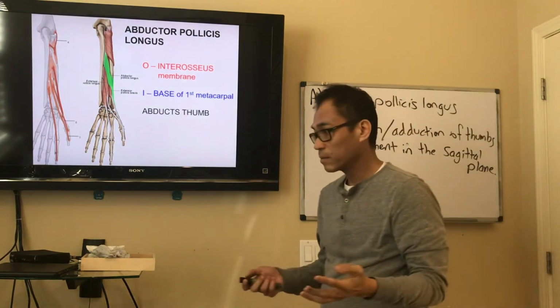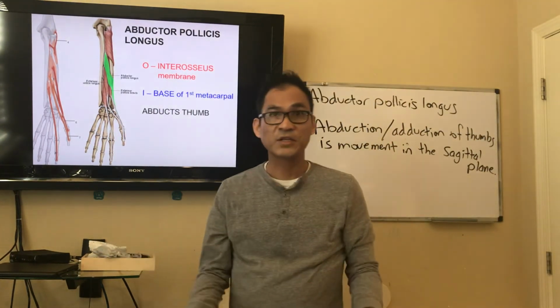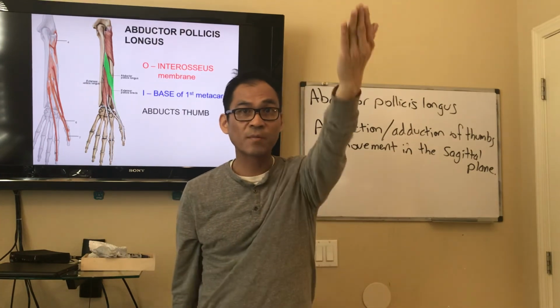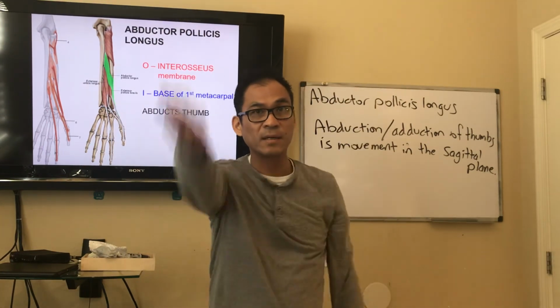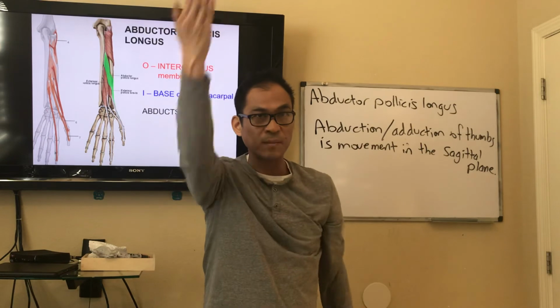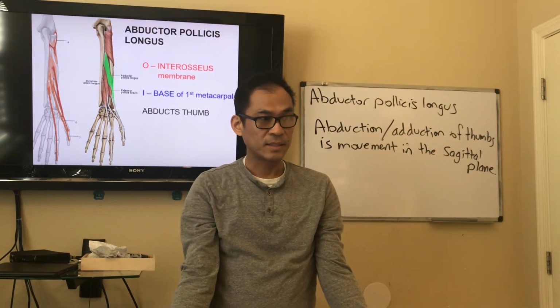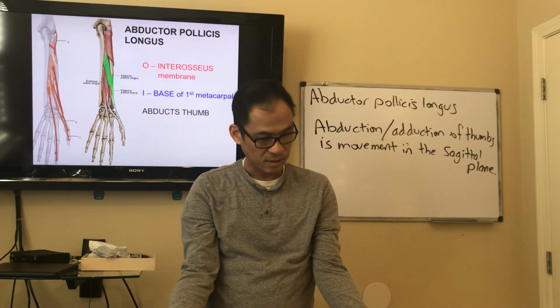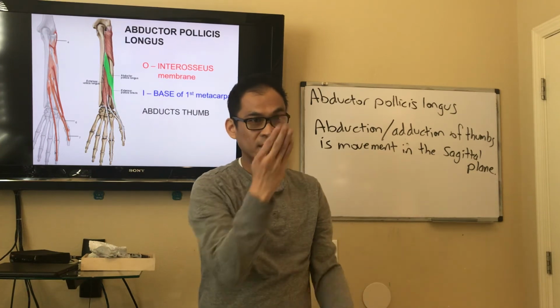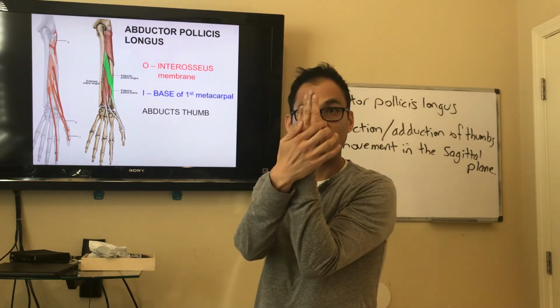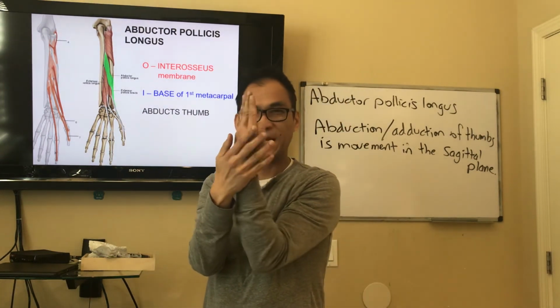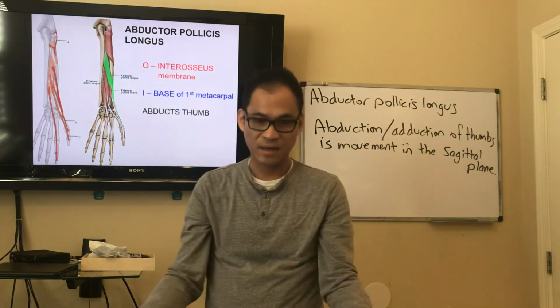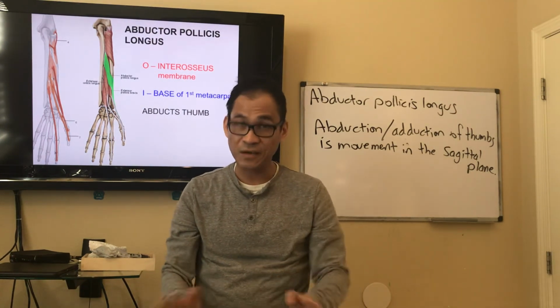That's different. Normally, flexion, extension, like moving your arms back and forth, is movement in the sagittal plane, but not for the thumbs. For the thumbs, abduction, adduction is movement in the sagittal plane. It's that thing where the nail is at a 90-degree angle to the other fingers. That's why it's different in the anatomical position.